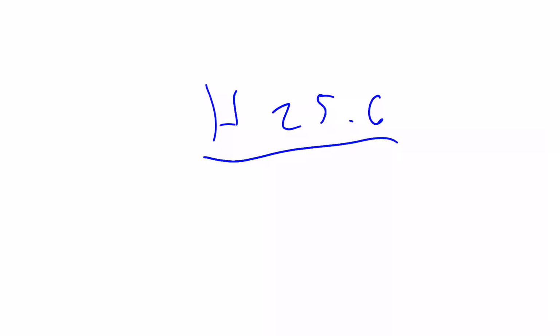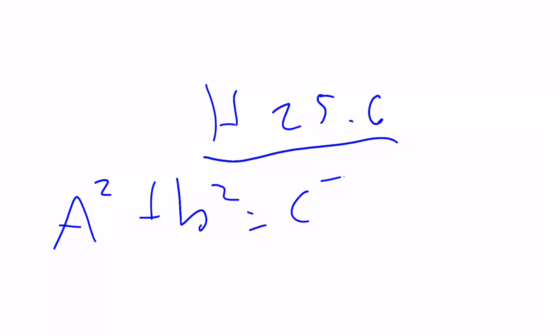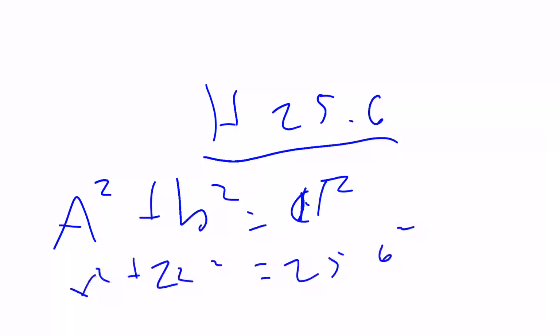Right now we have two sides, so you could use Pythagorean: a squared plus b squared equals c squared, where c squared is the hypotenuse. So the hypotenuse is 25.6 squared is equal to 22.6 squared plus x squared, and figure it out that way. Or you could use the trigonometric functions to find it as well.